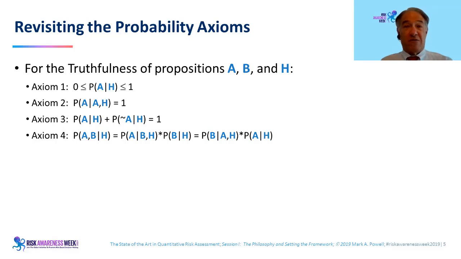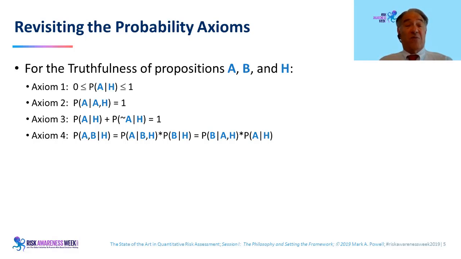So Sir Harold Jeffreys went back a letter, just like IBM in 2001: A Space Odyssey, which had the computer named HAL, H-A-L. So we went back to H for that information, because there's always some conditioning on our probabilities. That's the reason why we have it here. As you will see later in the presentation, we don't always include H, just for notational convenience, because sometimes our expressions get large.